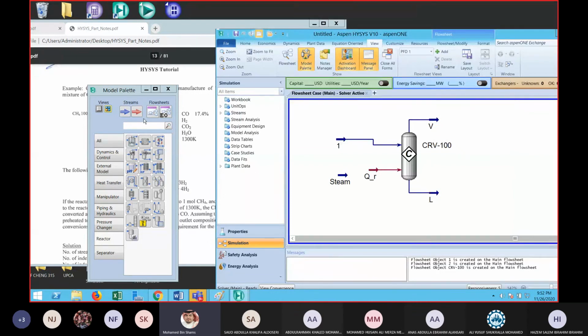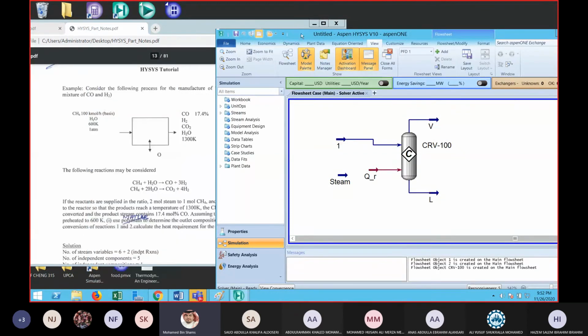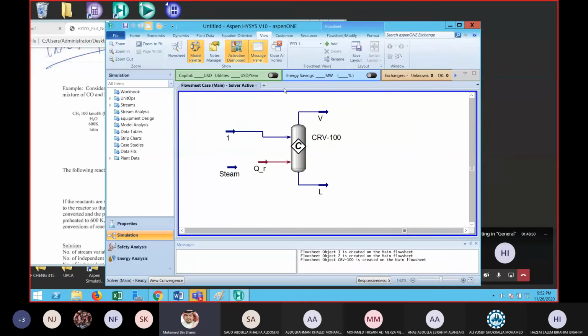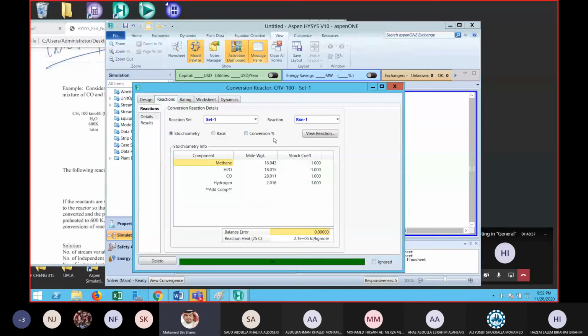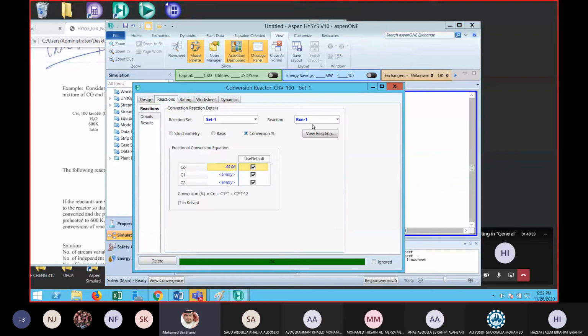The problem is solved, guys, but based on the information that I provided here. Mainly the reaction has a conversion: the first reaction 40%, the second reaction 60%.